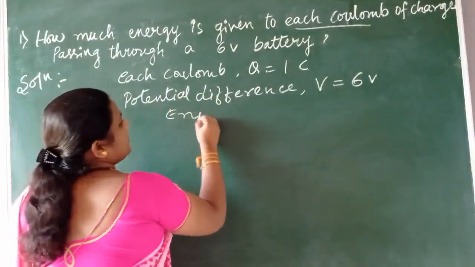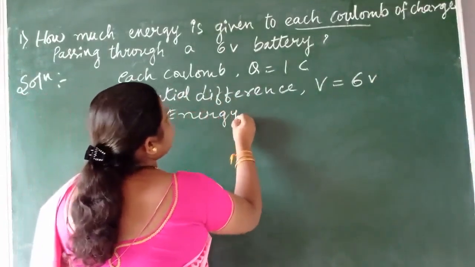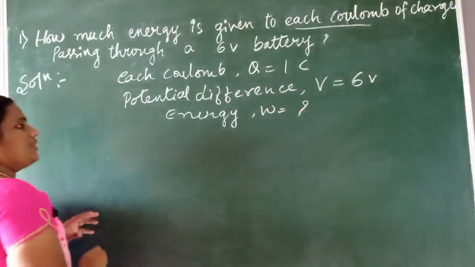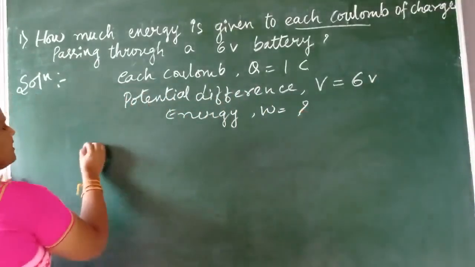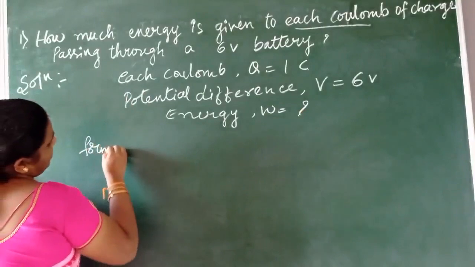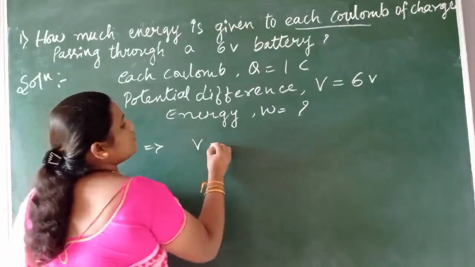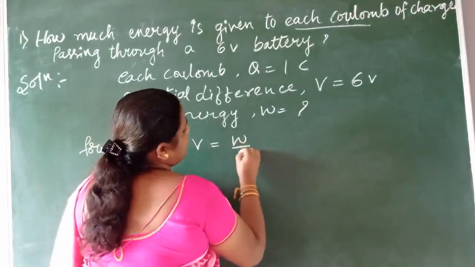Then the energy W is equal to how much? So use the formula V is equal to W divided by Q.